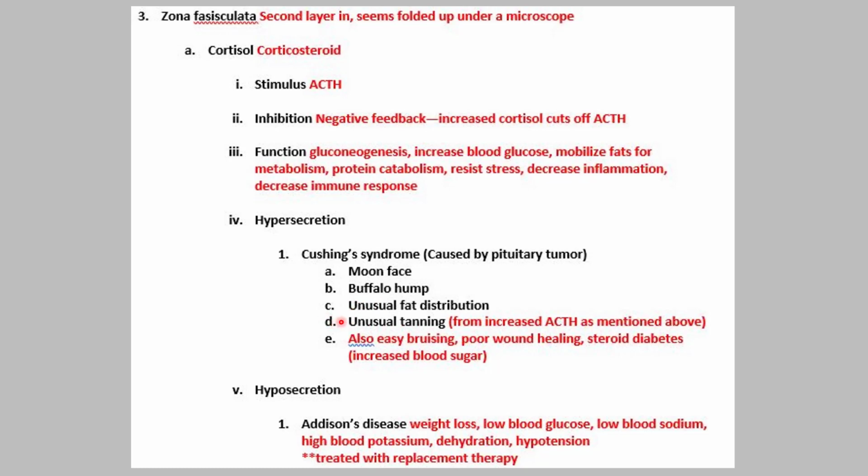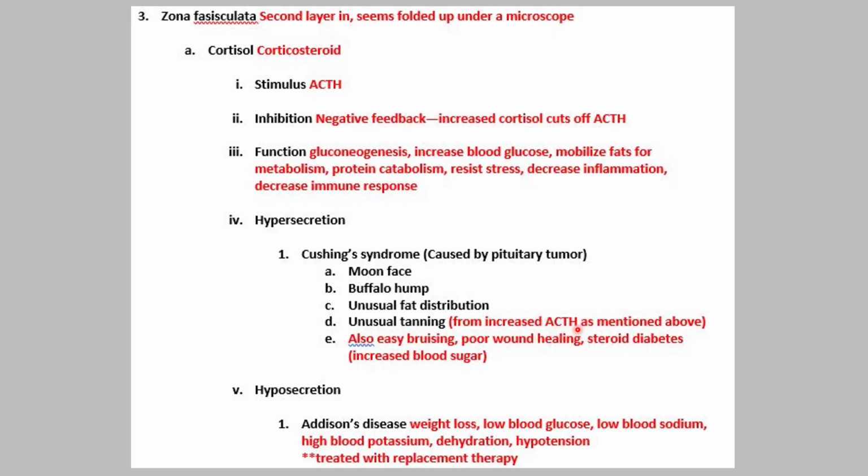Unusual tanning. So we start to see tanning in places either that is very blotchy or in places that are not exposed to the sun. That is not from cortisol. That is actually from the pituitary tumor side of things, where ACTH comes into play.